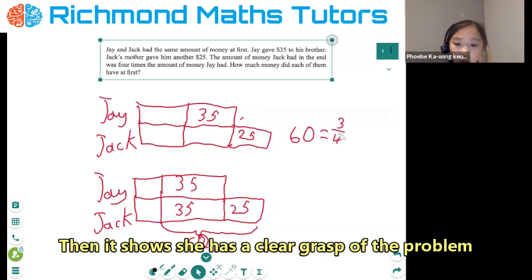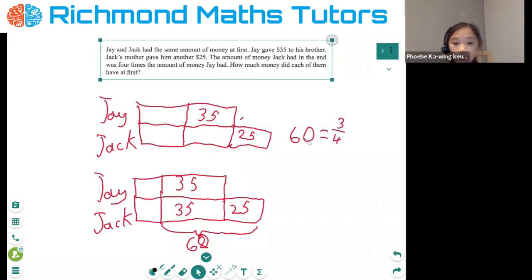To figure out 1/4, I would divide that by 3, which would be 20, 20, and 20. And if I then figure out these two, which would give me 55, that is how much they each had at first. So that is $35.